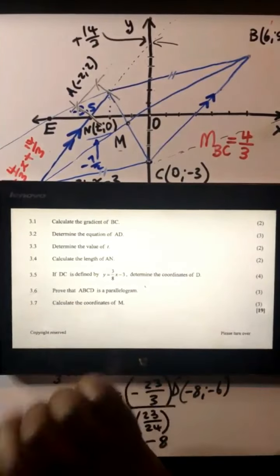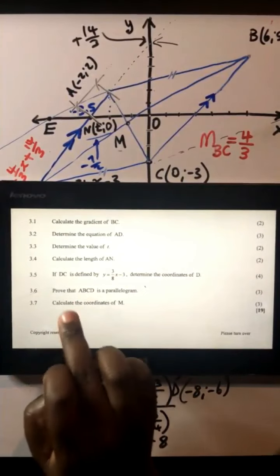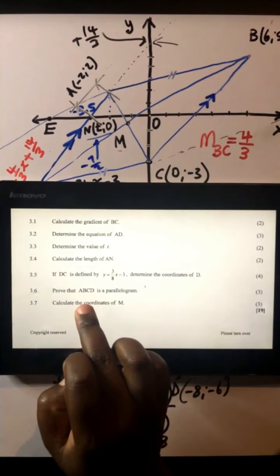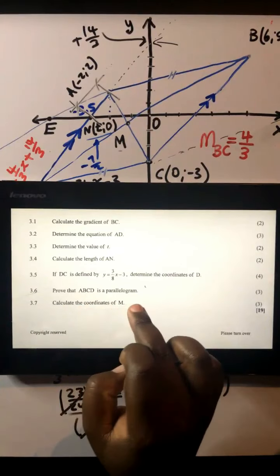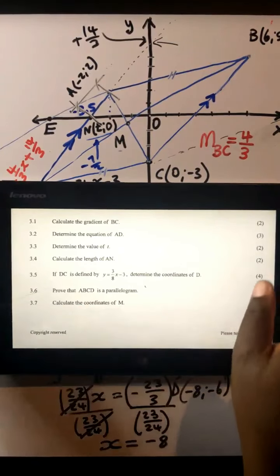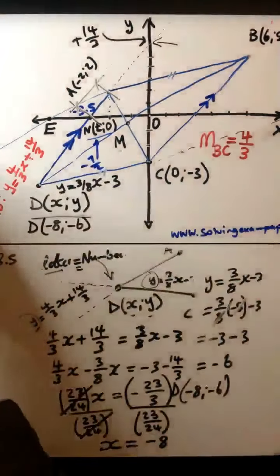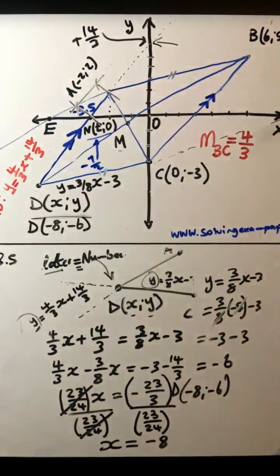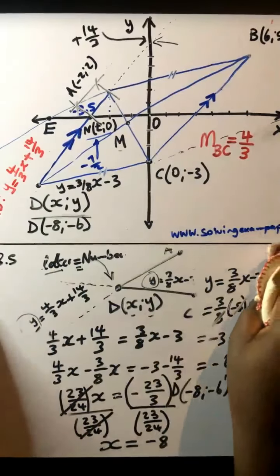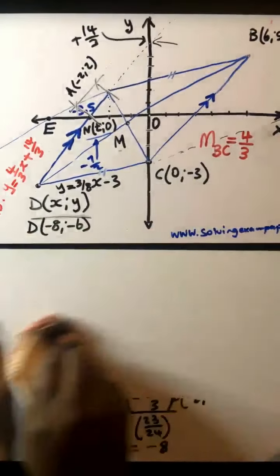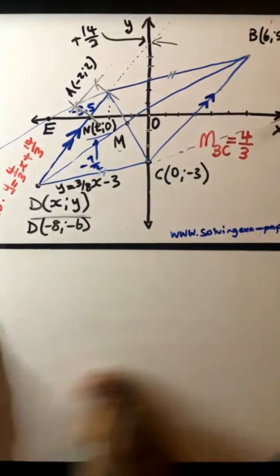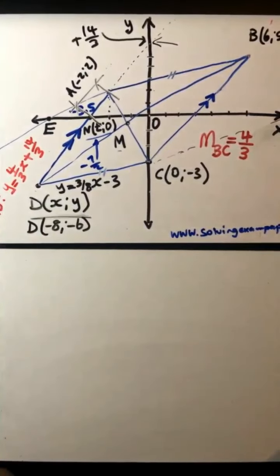So question 3.6 says, prove that ABCD is a parallelogram. So ladies and gentlemen, in this case, we need to prove that ABCD is a parallelogram.